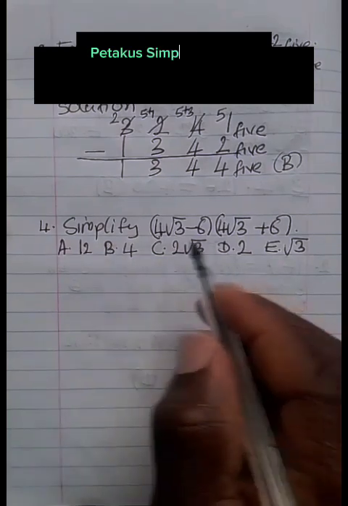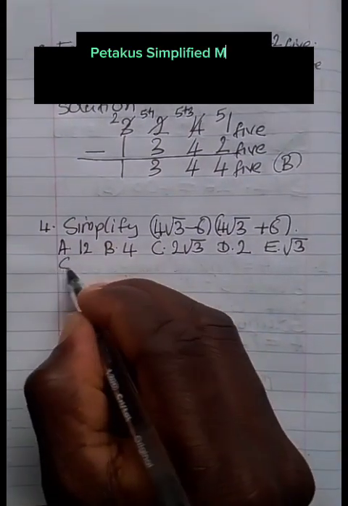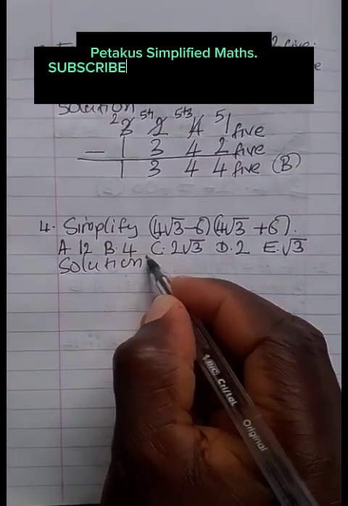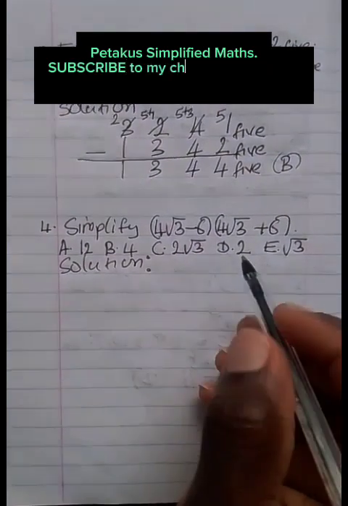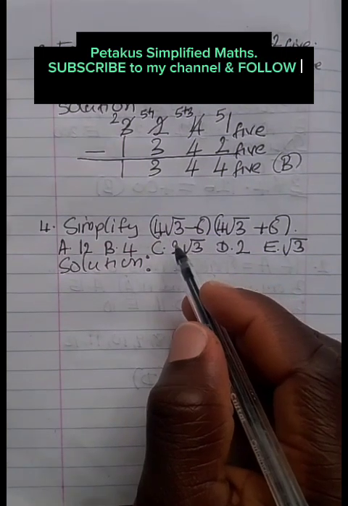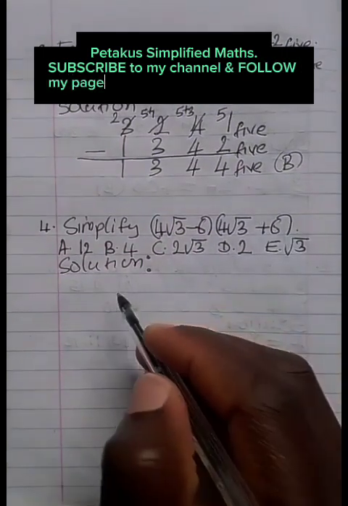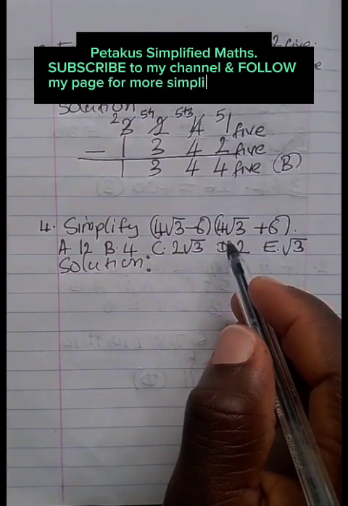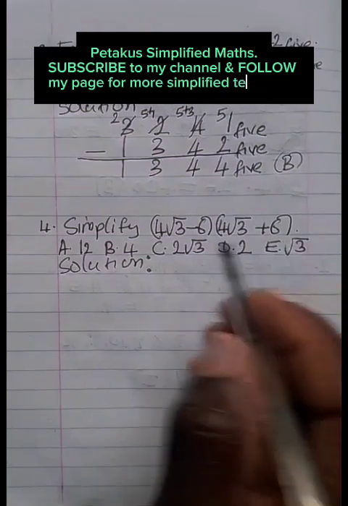4, simplify this expression. We have solution. When you are to do this, you take the two terms in any of the brackets. I prefer the first bracket to multiply the second bracket respectively.